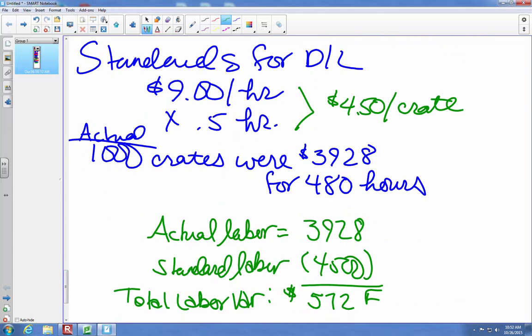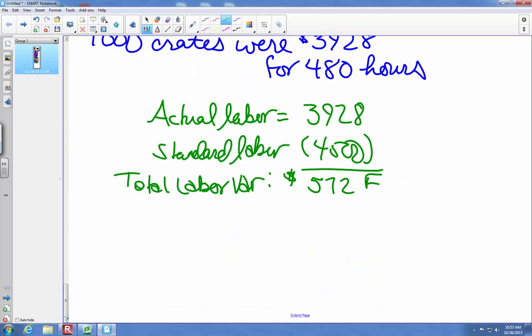So do you just stop here and go, oh, that's great, we saved money on labor? You would definitely want to look at your warranty work and your quality control. But do you know from just looking at the 572 whether this is price or quantity? No. So I'm going to put up the next two variances, and then I'll have you work those for Wednesday.